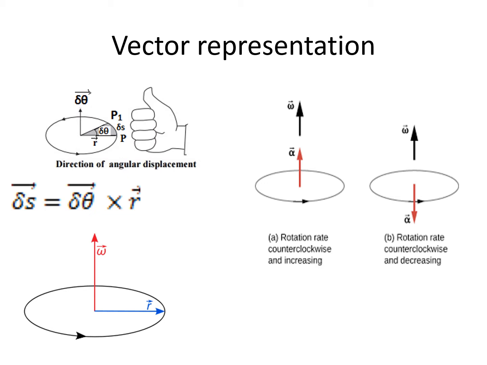The direction of angular acceleration will be the same as the direction of angular velocity if the angular velocity is increasing with time. On the other hand, if the angular velocity decreases with time, then the direction of angular acceleration is opposite to the direction of angular velocity.